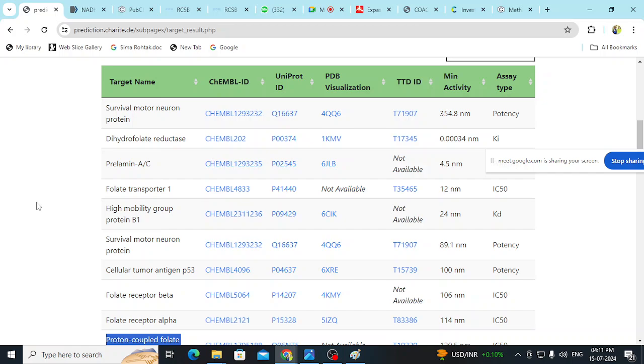So further you have to study and figure out which one is less toxic, because you have to find out each and every protein, whether it is a vital protein or whether it is also in the metastasis pathway itself. Nobody knows, and because I'm not an expert in this particular drug, I cannot comment.